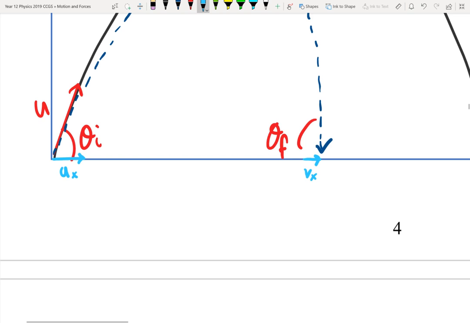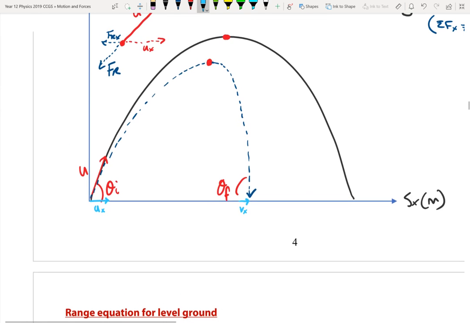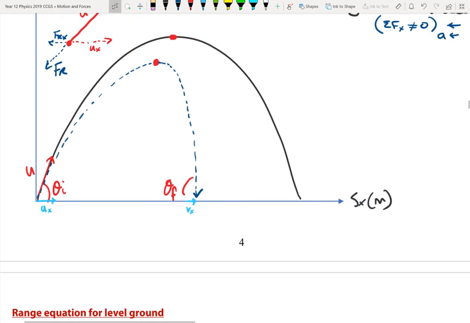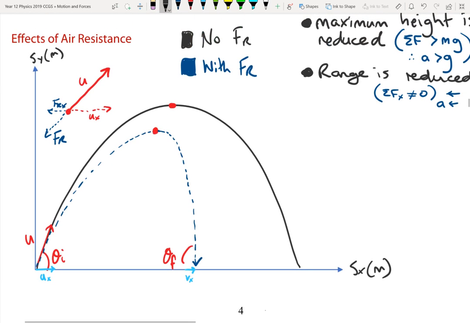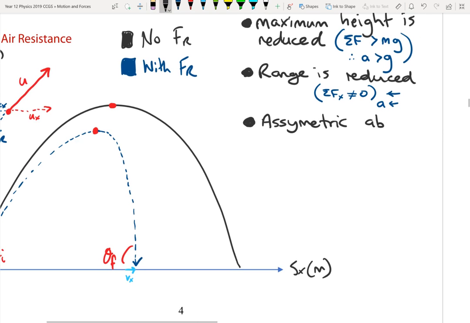So you can see I've drawn, hopefully, my initial horizontal greater than my final. Okay? That will hopefully explain the next couple of points, that we are asymmetric about the turning point.